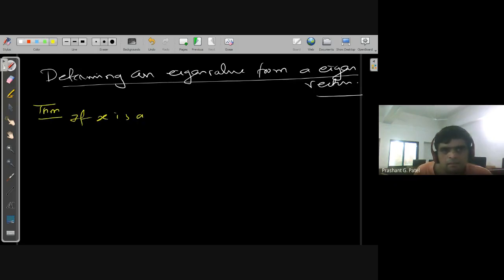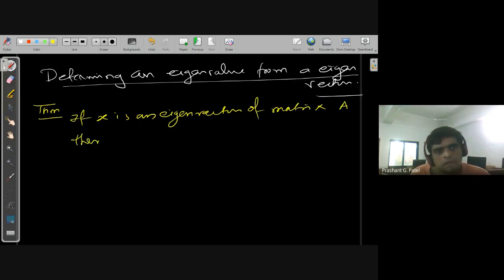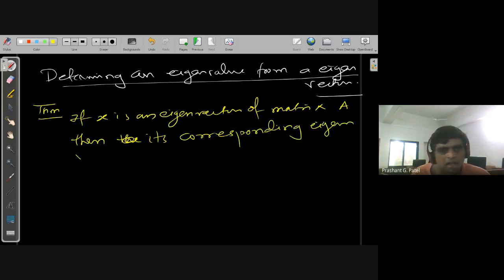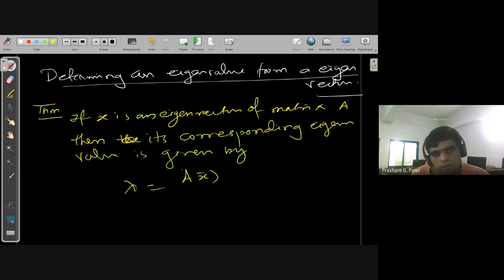If X is an eigenvector of a matrix A, then its corresponding eigenvalue is given by lambda equals A X bar dot X bar, where the dot means a dot product between these two vectors, upon X bar dot X bar.